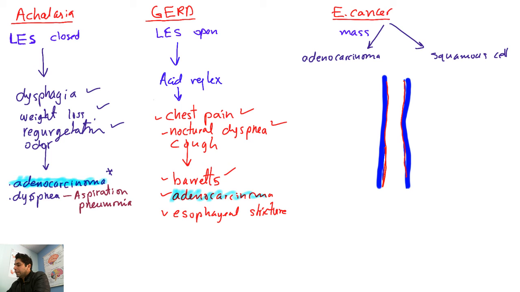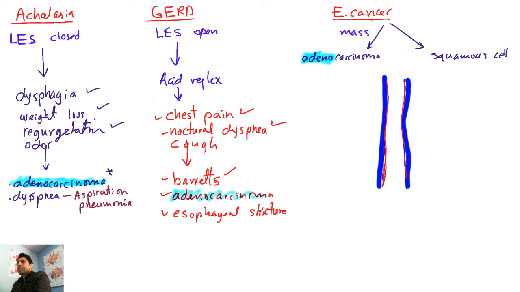Good? Now, adenocarcinoma. The term adeno means gland. A gland is a collection of cells that are supposed to secrete things. Glands have only one purpose, to store and secrete.